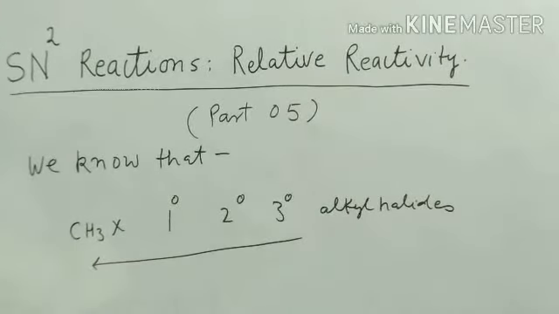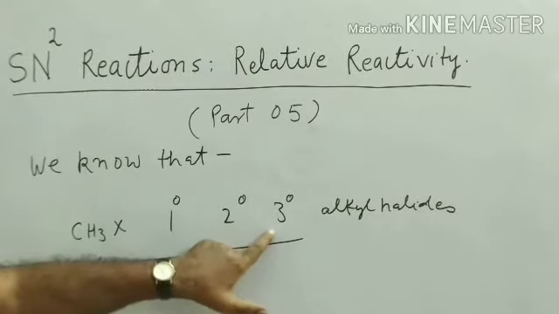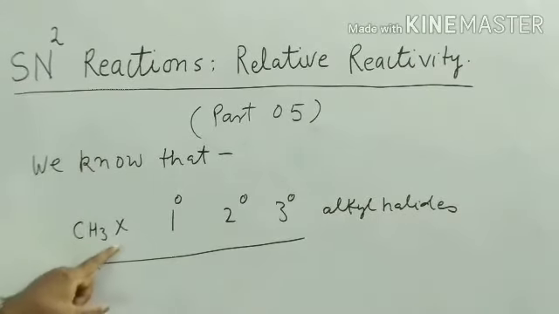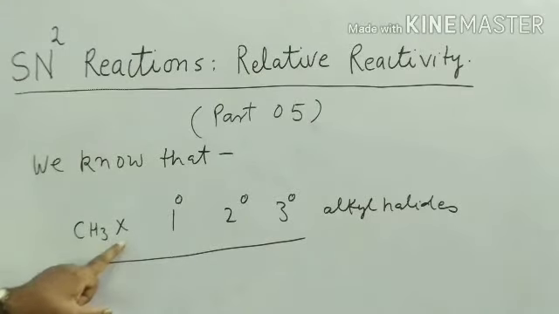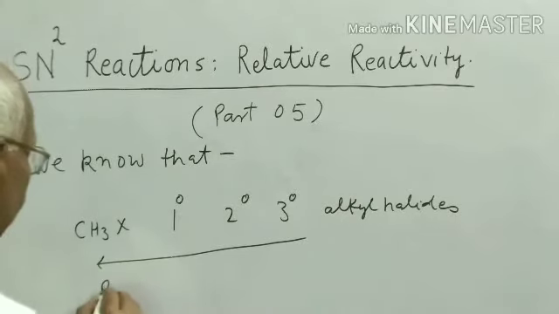It means 3 degree alkyl halide is least reactive towards the SN2 reaction and methyl halide is most reactive towards SN2 reaction. So this is the reactivity order.